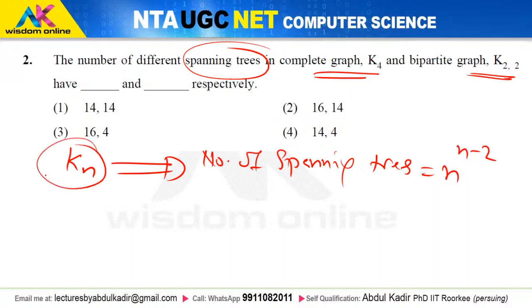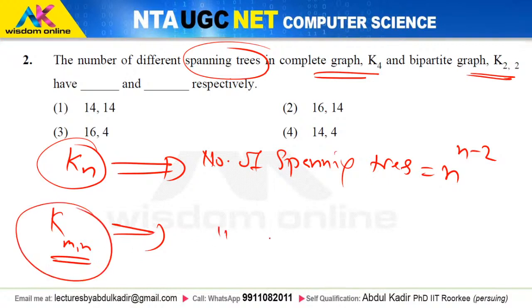If you have a complete bipartite graph, then the number of spanning trees will be m power n minus 1 multiplied by n power m minus 1. So this is the formula we have.